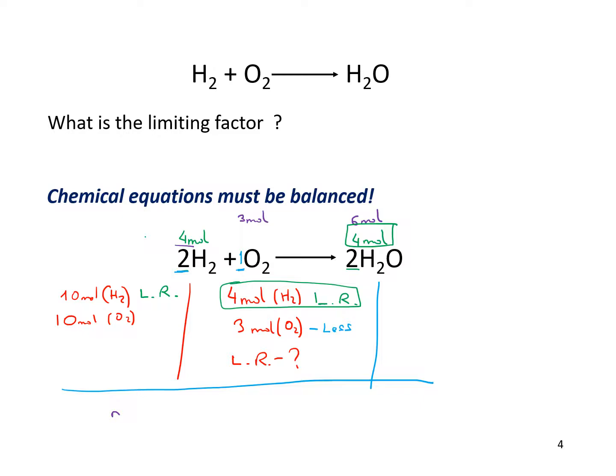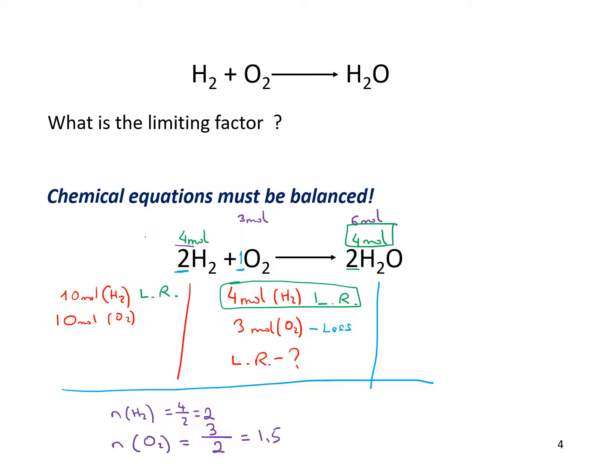Therefore, you should never determine the limiting reactant based on just looking at the amounts of the reactants. Just because the oxygen is 3 and the hydrogen is 4 doesn't mean that oxygen is going to be the limiting reactant. The limiting reactant is the one that gives you less product. And in this case, hydrogen gives me less product. So please remember that.